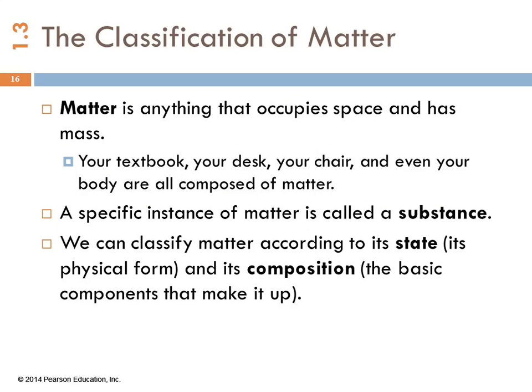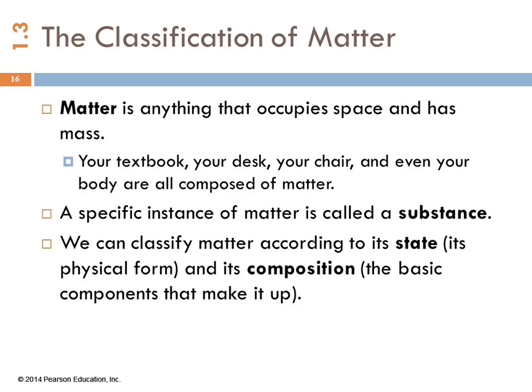Classification of matter. Matter is anything that occupies space and has mass. So pretty much everything around us, your cell phone, your desk chair, your body, it's all matter. Can anybody think of something that's not matter? Light.